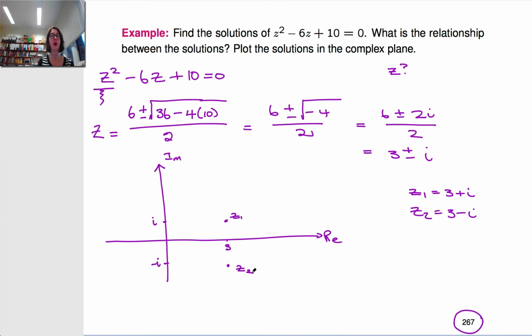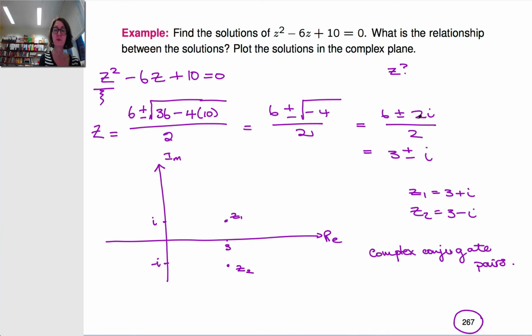What do you notice about the relationship between those solutions? Well, they're complex conjugate pairs, and you will know by now to expect that if you had a solution to an equation like this one, its conjugate will also be a solution, because you're getting this term here plus or minus the imaginary part.